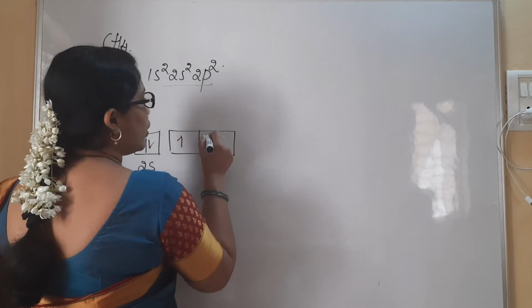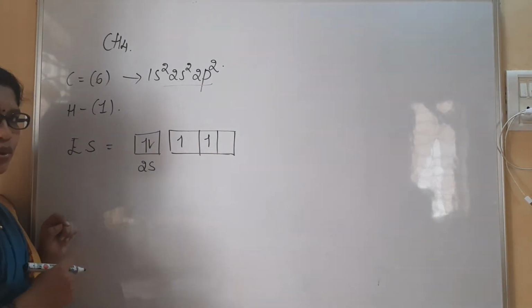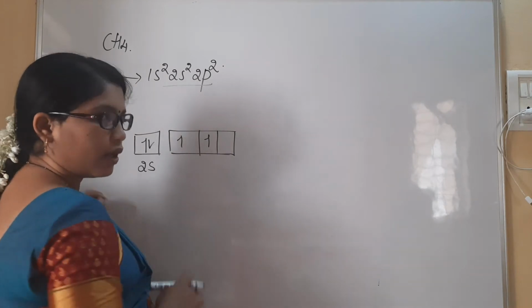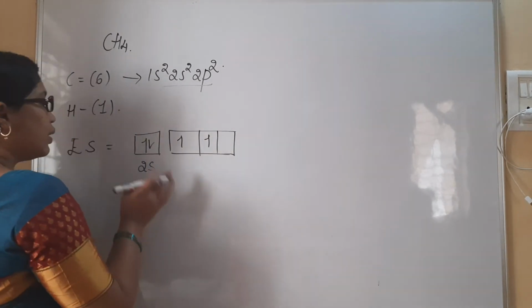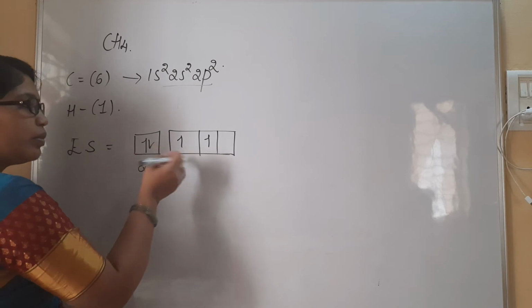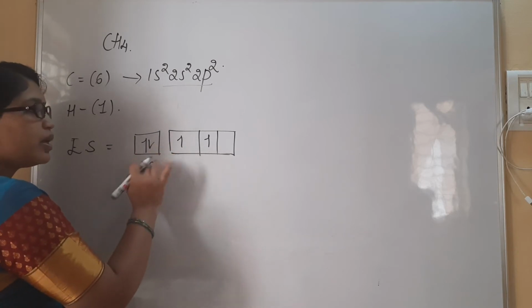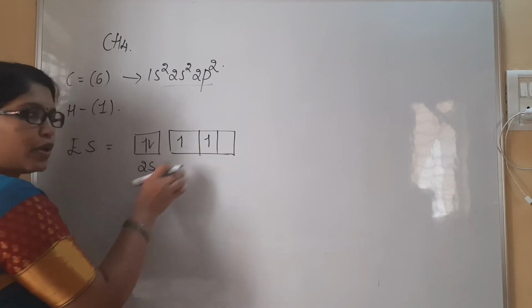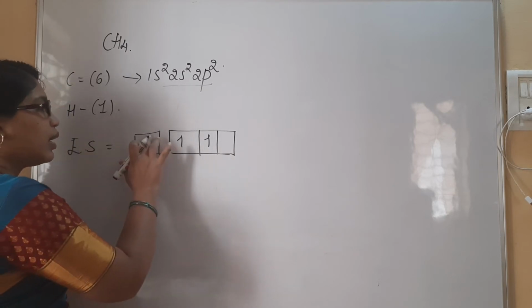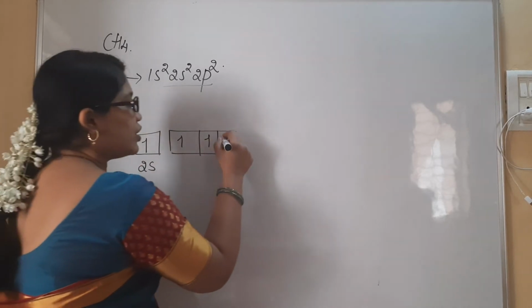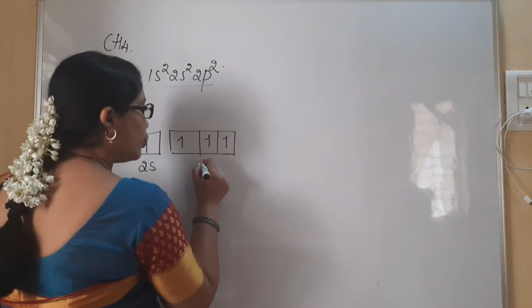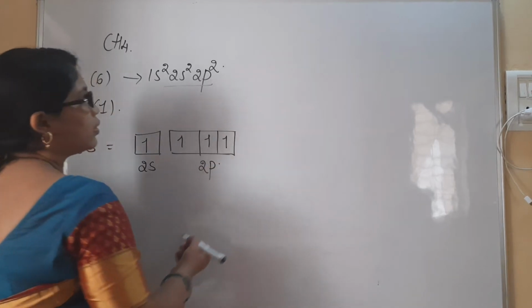Only 2 electrons are present. 2p2, px 1 electron, py 1 electron. Now they will undergo intermixing of orbitals. The s orbital intermixes with the p orbital in such a manner that this electron goes and shifts here. Then it is said to be a 2p orbital.